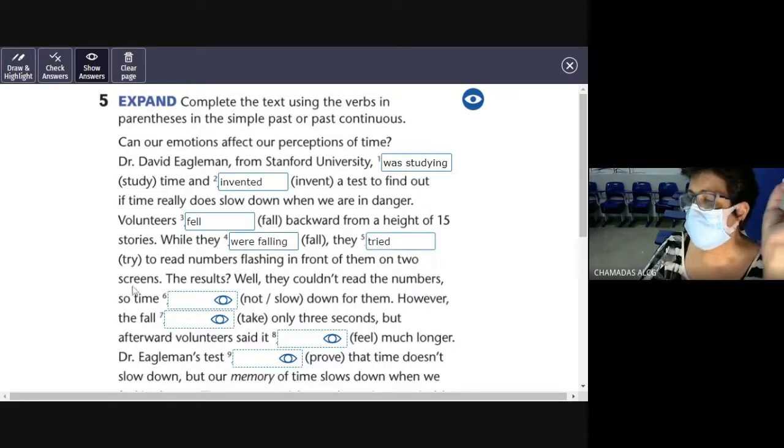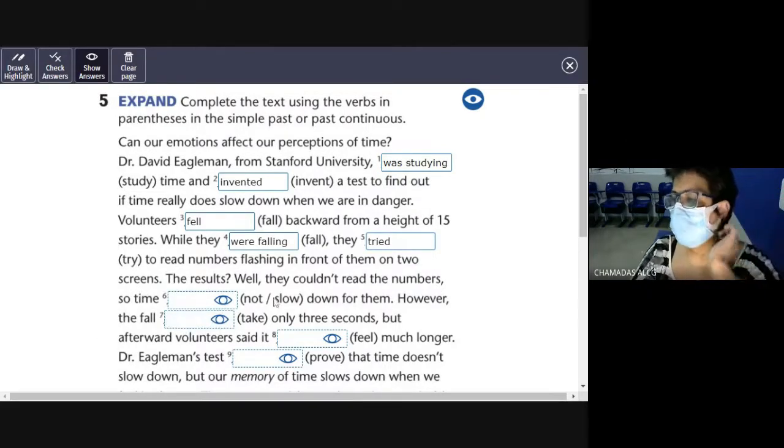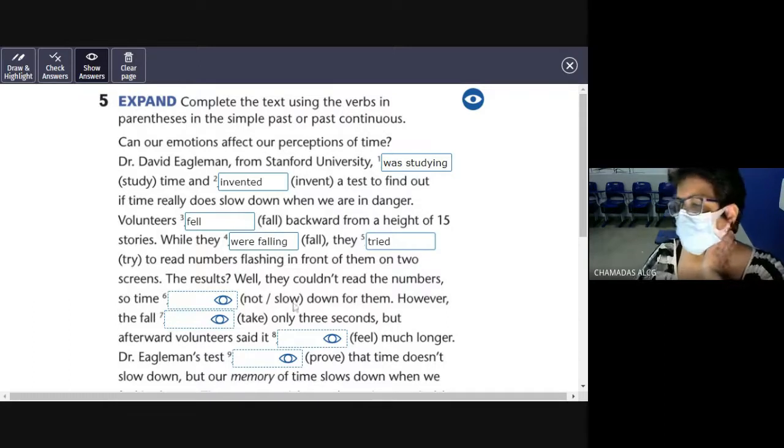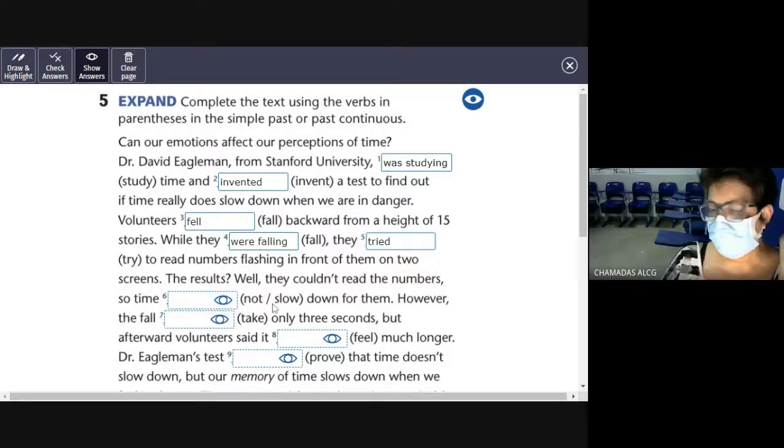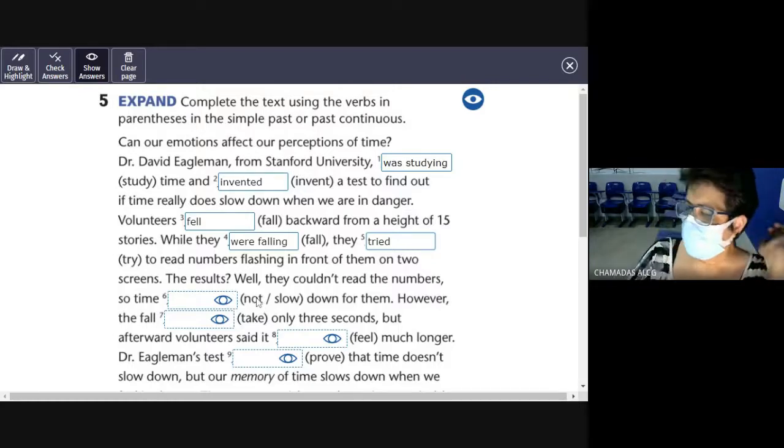So, time, negative. Simple past, negative. How do we form the simple past negative? Remember?